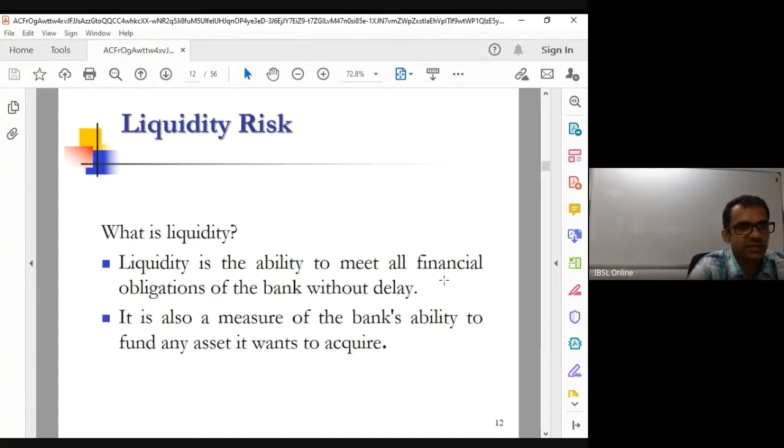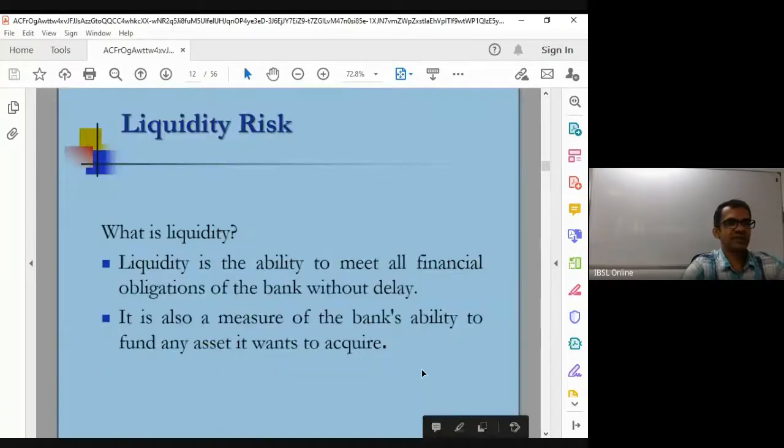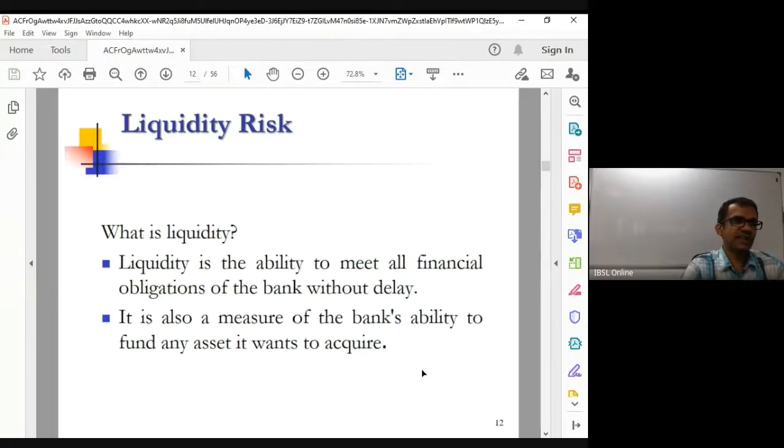The bank should be able to meet that requirement, the borrower's requirement. So that is also part of liquidity. Not only that, it is also a measure of the bank's ability to fund any asset. That means to meet borrowers' requirements, because borrowers are assets.